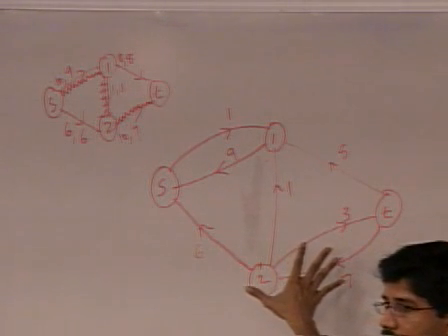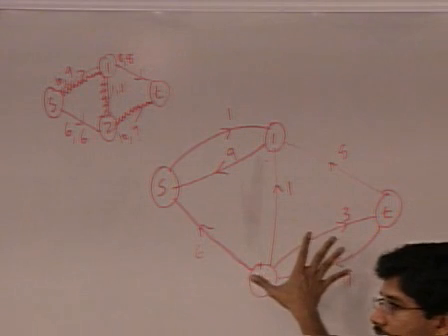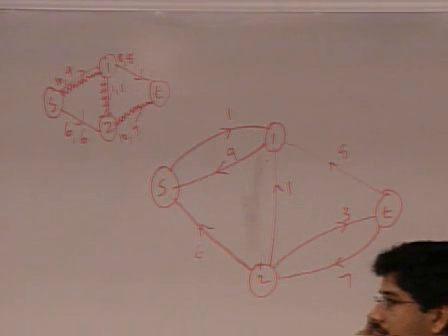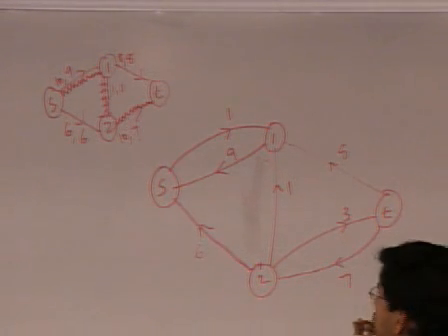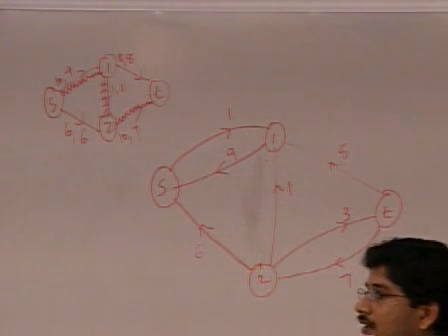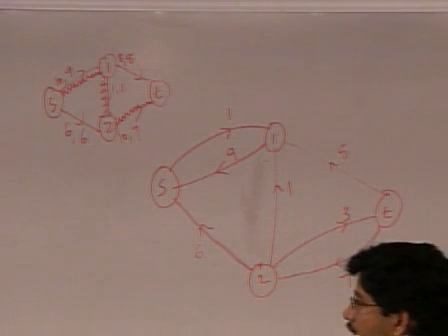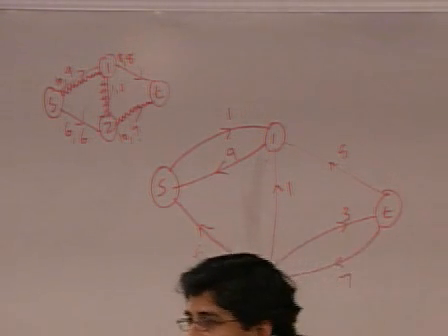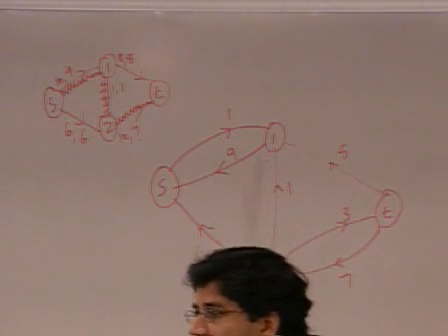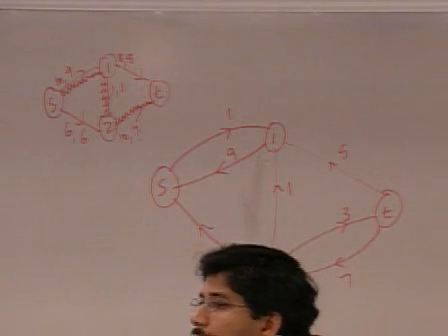It's kind of confusing. In the original network, you really don't have any path to go from 2 to 1, but in the residual network, you somehow figure out you can go from 2 to 1. Remember, the residual network only captures all possible ways in which the existing flow can be modified.